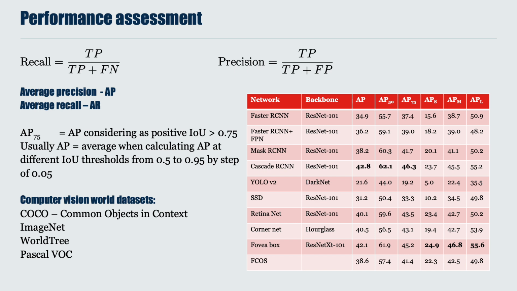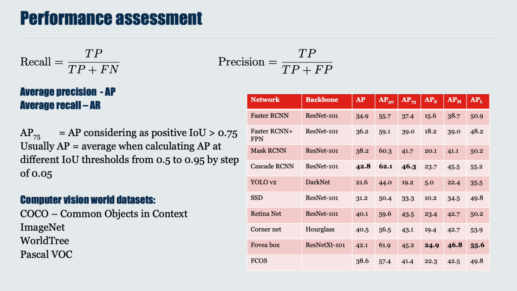And when you talk about AP, it's the average that you get when you calculate AP at different IOU thresholds from 0.5 to 0.95, for instance, by a step of 0.05. That's typically what's done within the COCO dataset, which is one of the most well-known datasets in terms of object detection, object localization, and classification. That's Common Objects in Context.